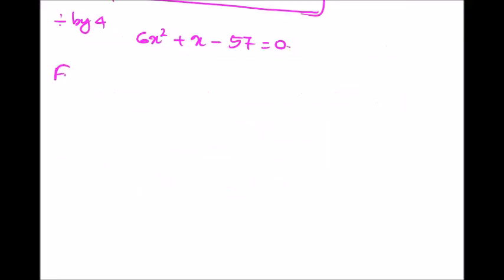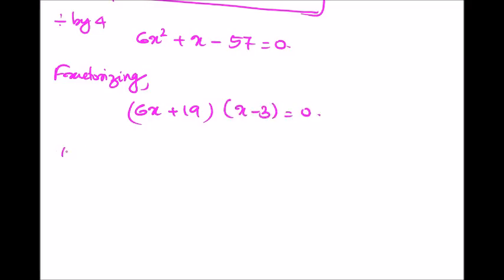By factorization. Factorizing, we get 6x plus 19 into x minus 3 is equal to 0. That is 6x plus 19 is equal to 0, or x minus 3 is equal to 0.